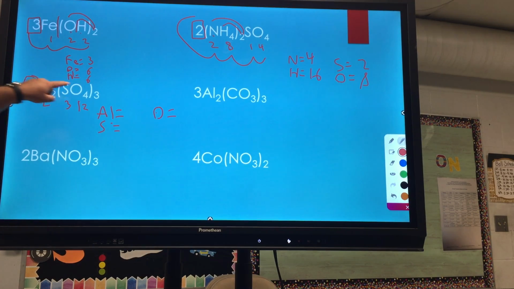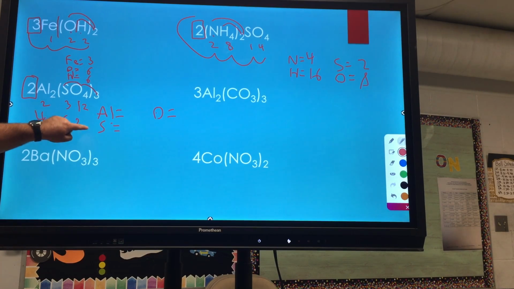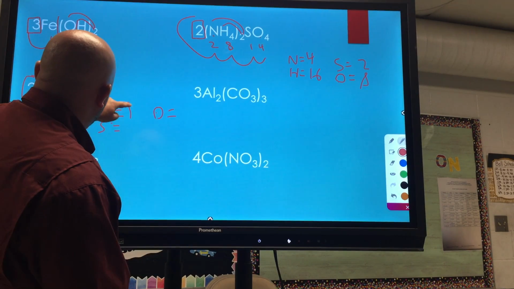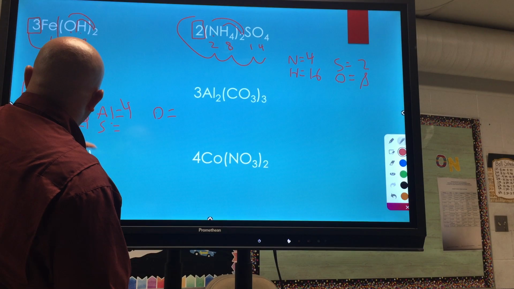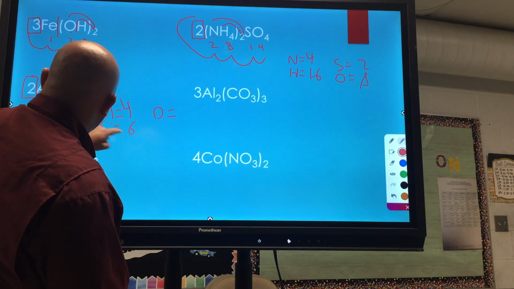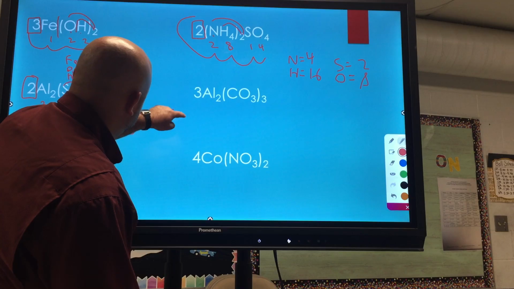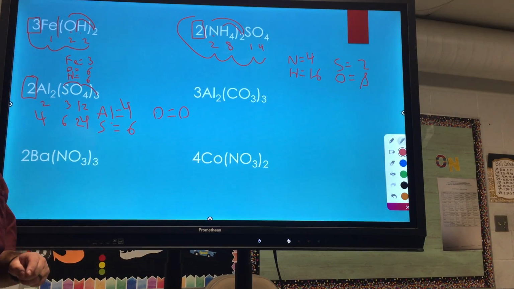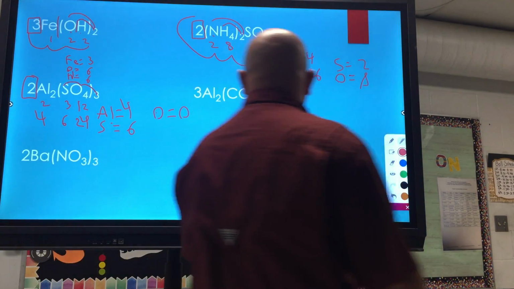So take the 2 out of the box, and this is how I did that. So 2 times 2, 4, 2 times 3, 6, 2 times 12, 24. So there's 4 aluminum, there's 6 sulfur, and there's 24 oxygen. Easy, easy, easy.